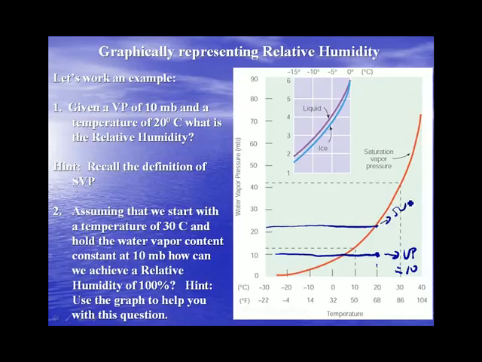So saturation vapor pressure is 22. So if I take 10 divided by 22 times 100%, that gives me a relative humidity less than 50%, right around 47%. And so we can actually calculate relative humidity from that.